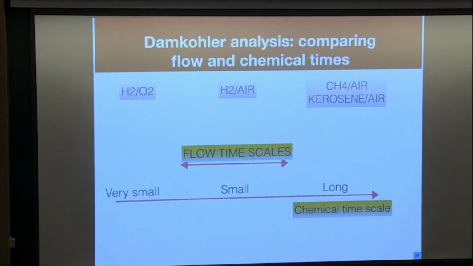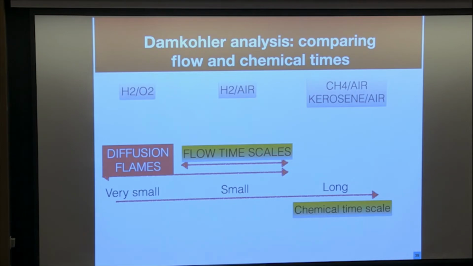So how do you know if a flame is a diffusion flame or not? You compare, the famous Damköhler number. You compare the flow timescales. Those are the typical flow timescales that we have. And if you put here H2/O2, H2/air, and CH4/air, CH4/air has a long chemical timescale compared to the flow time, so that you can indeed do something which looks like a premixed flame.